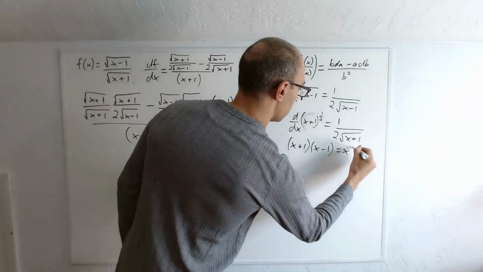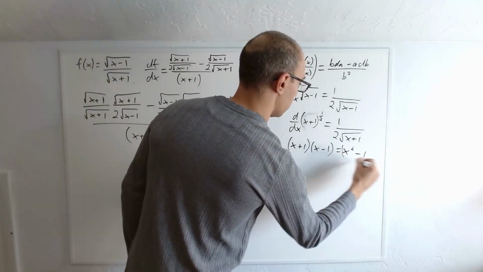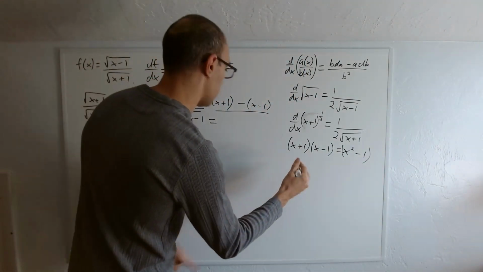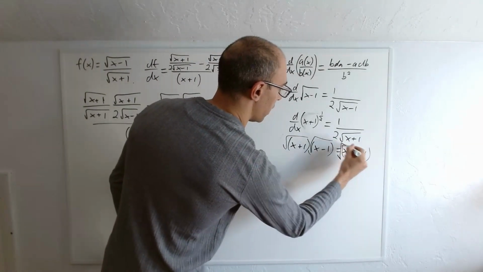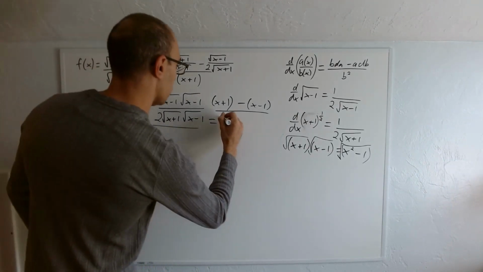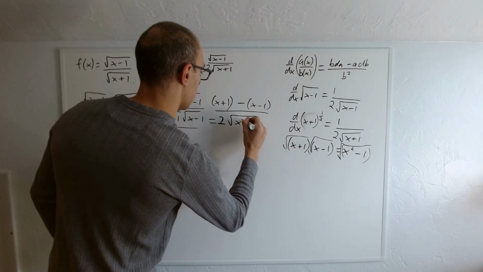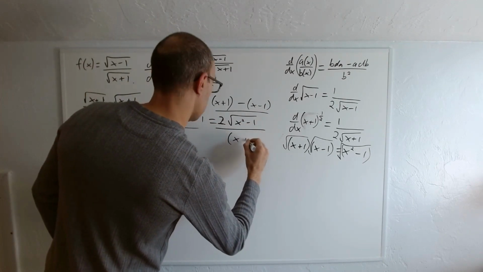So we get x squared, the two x's will cancel, minus 1. That's how I'm looking at it. But because of the square roots, after you get your answer, just go back and put a square root over it. And that's what we get. So in the bottom, we're going to have 2 square root x squared minus 1 all over x plus 1.